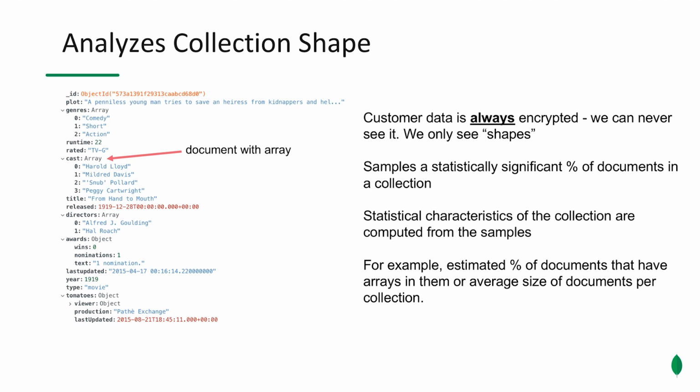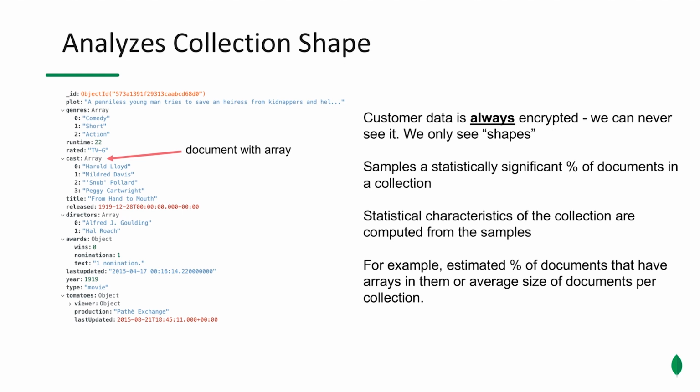The first thing we do is, we sample a statistically significant percentage of documents in a collection. Obviously, we can't go through all the documents in a collection to understand shape. We would take n percentage of those collections up to a certain value, in the hope that alone would be statistically significant for us to understand characteristics of the entire collection.